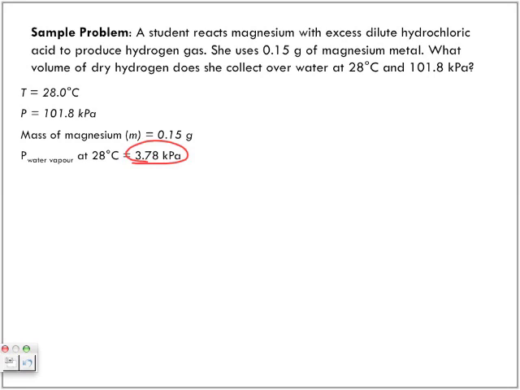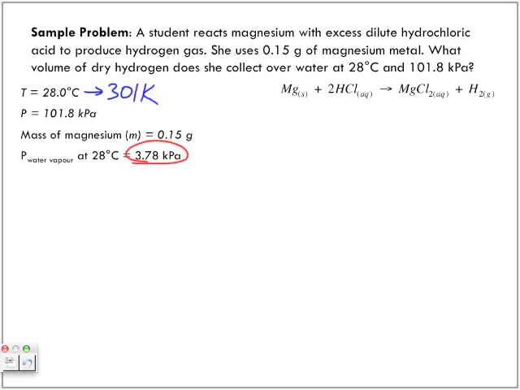Ultimately we want to figure out what formula we're using. Here's the balanced equation: magnesium plus 2HCl, hydrochloric acid, produces magnesium chloride and hydrogen gas. From the information we're given, 28 degrees Celsius must be converted to 301 Kelvin.